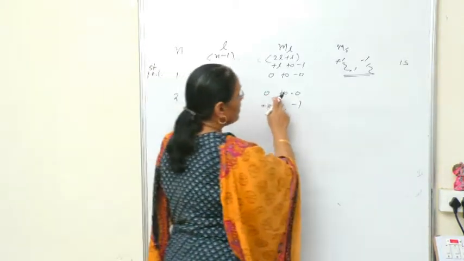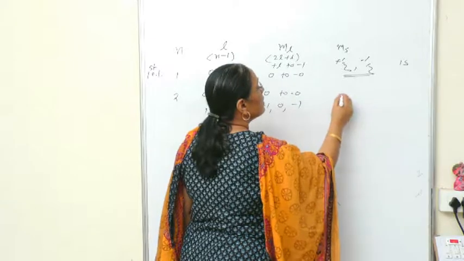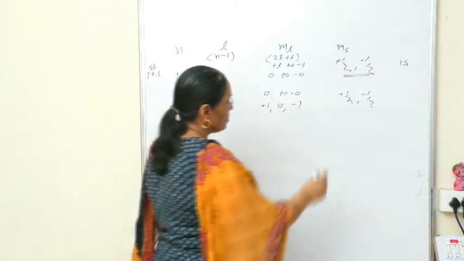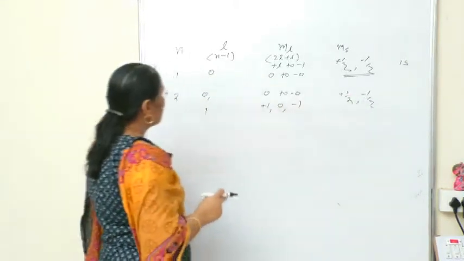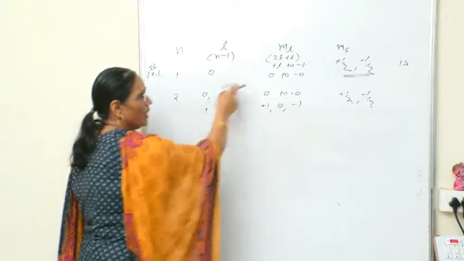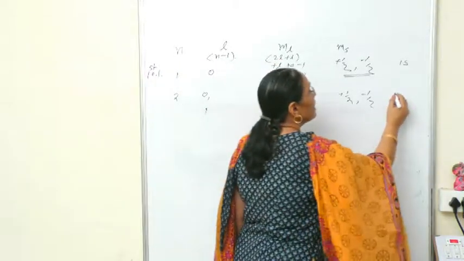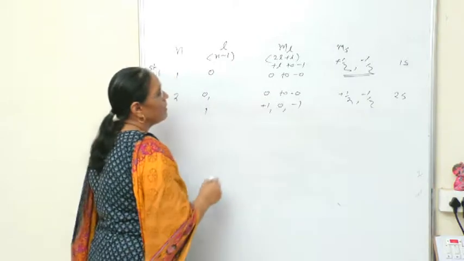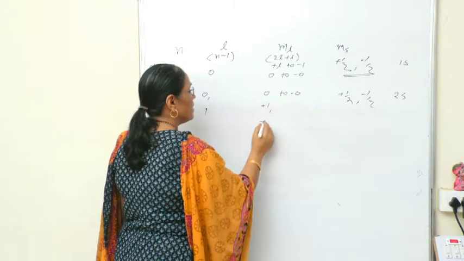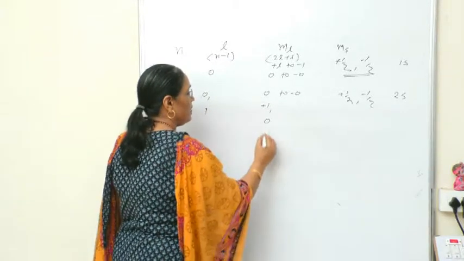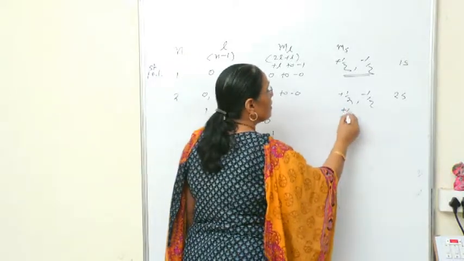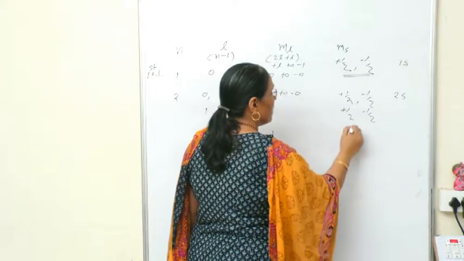When l is 0, ml value is 0, and when l is equal to 1, ml values are +1, 0 and -1. For the 0 ml value, 2 electrons can be accommodated in this orbital having opposite spins. So the orbital corresponding to n equal to 2, l equal to 0, ml equal to 0 is the 2s orbital, and for ml +1, 0 and -1, for each ml value there are 2 electrons with +1/2 and -1/2.